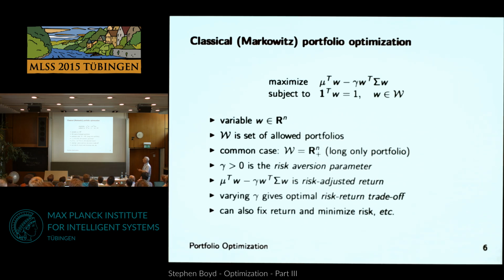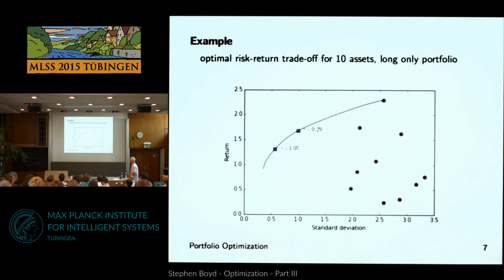So this is the idea. And if you vary gamma here, you're going to get the optimal risk-return trade-off. And there are many variations on this, right? You can fix the return. You can say mu transpose W equals R required, and then minimize risk. You could put a risk limit and then maximize the return. You'd get the same trade-off curve. It wouldn't make any difference. All right, so this is a typical thing.